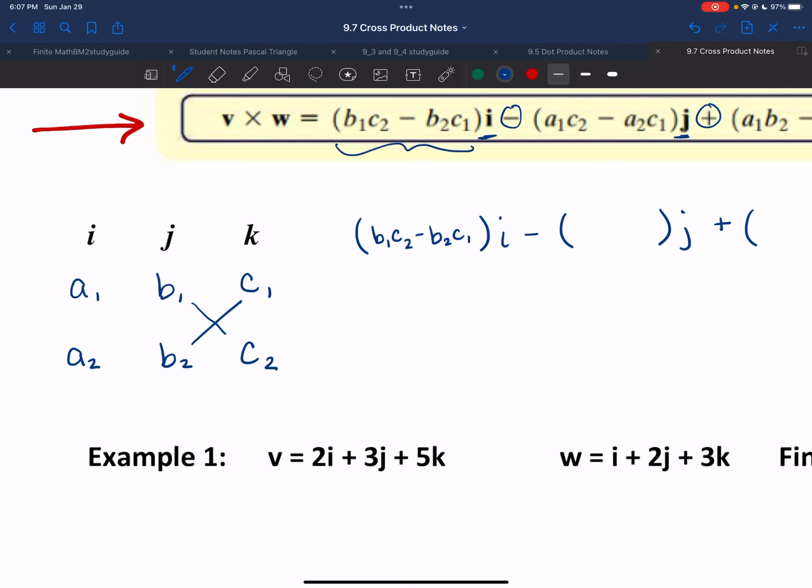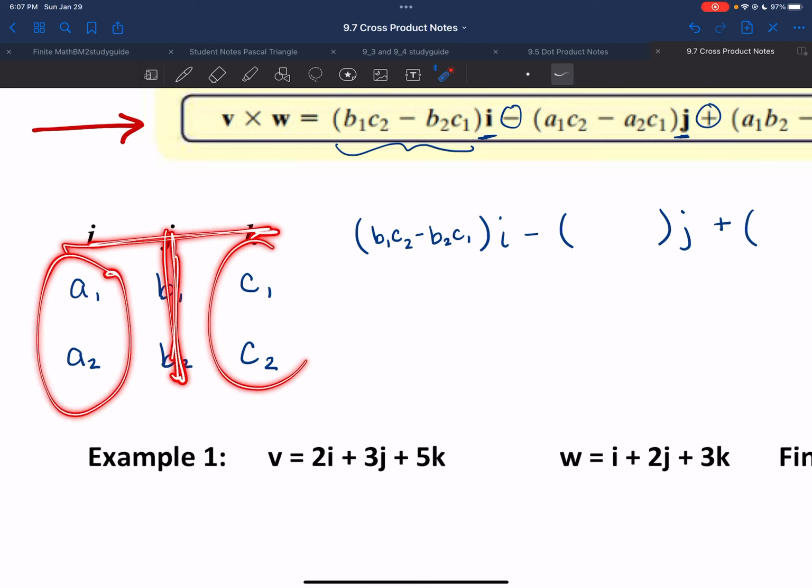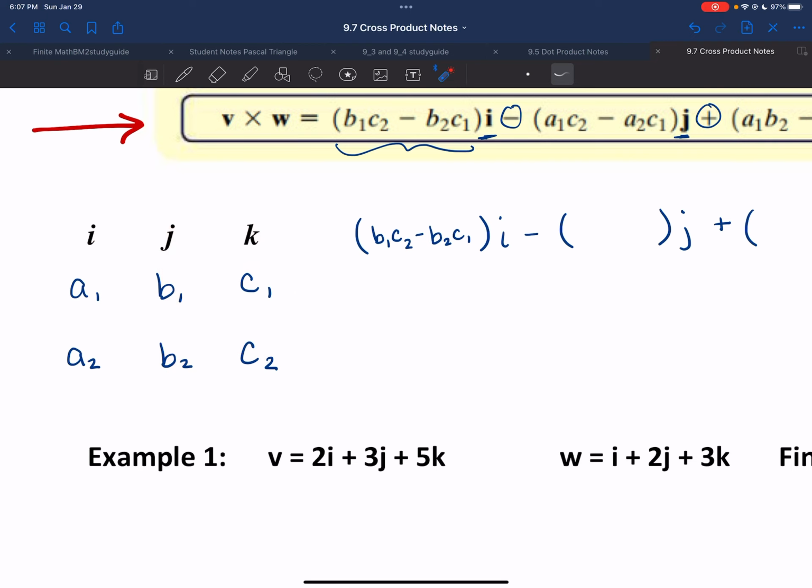Now I'm going to erase those crosses, and now we're going to look at j. When we look at filling in j, I'm getting rid of this, so I'm left with these and these. I'm going to do a cross product here and a cross here. So it's going to be a1c2 minus a2c1.